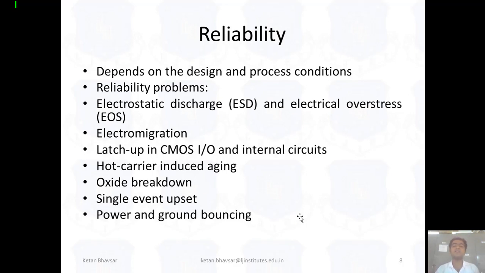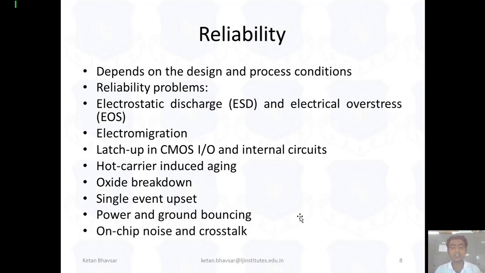Power and ground bouncing, I already told you: if your power is not connected properly, or your ground is not connected properly or is not common, then your output will bounce, or you are not getting the proper output. Sometimes you will get the output and sometimes you will not, because of the bouncing effect. To solve that issue, we always make sure the ground is connected properly to every component's ground.